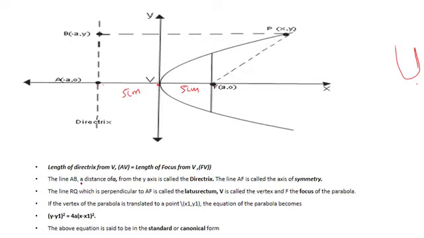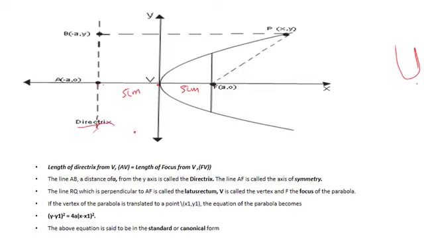So the line AB, at a distance from the y-axis, is called the directrix. Now this is the line AB, and this is the directrix that we're talking about.